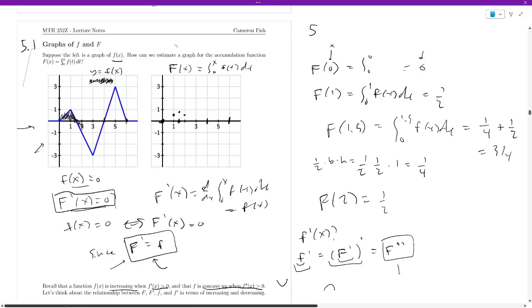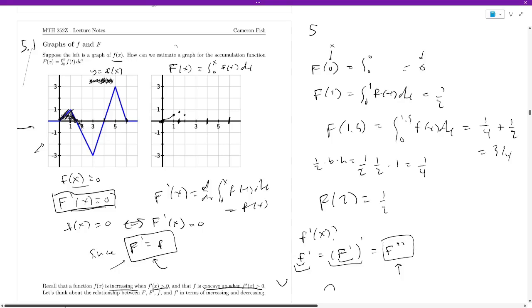Well, big F double prime is little f prime. So up until 1, little f prime is positive. The slope of little f is positive, which means big F will be concave up until that point. So up until 1 it'll look maybe something like that, more of a smile than a frown.